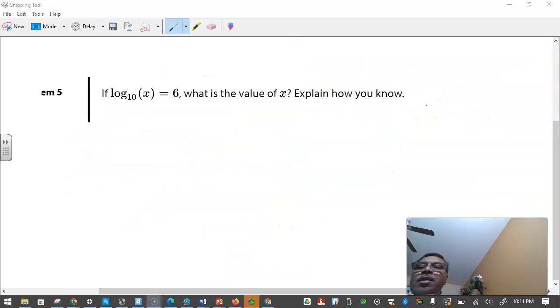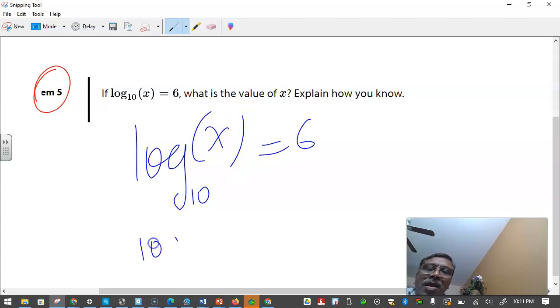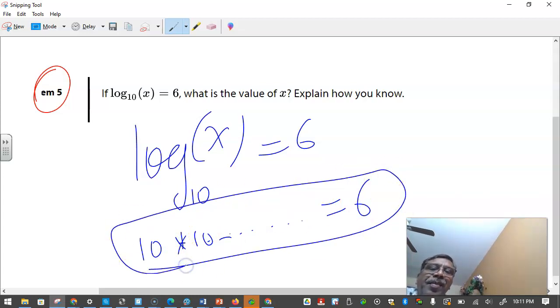Let's go to question number 5. It is asking us: logarithm of x to the base 10 is 6. So it's just asking how many tens do we multiply like this all the way to get x, right? That's all that means. Now the question is, what is the value of x? We don't know, right?